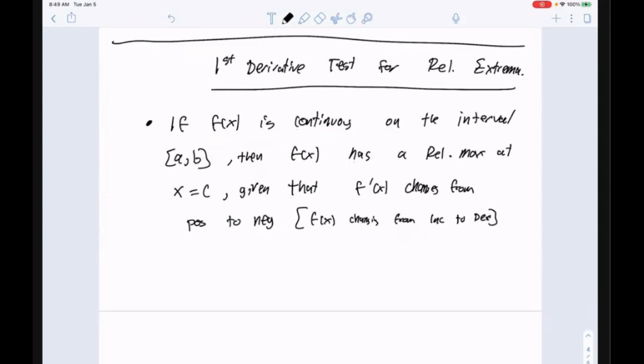So f prime of x changes from positive to negative.